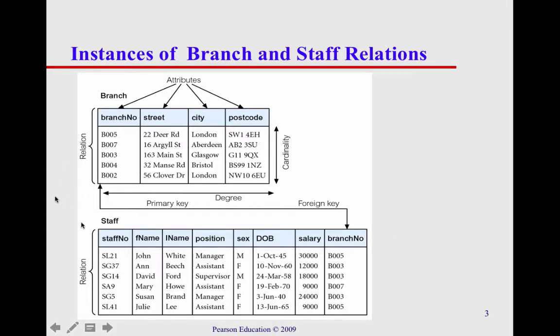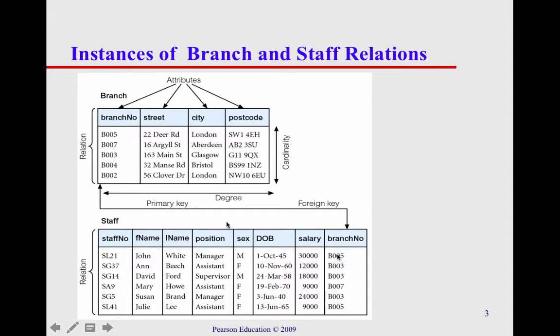A primary key is one that uniquely identifies each tuple in the relation. So here, branch number is the primary key. It uniquely identifies each tuple in the relation. A foreign key is a key that uniquely identifies a tuple in another relation. It allows us to link two relations together.